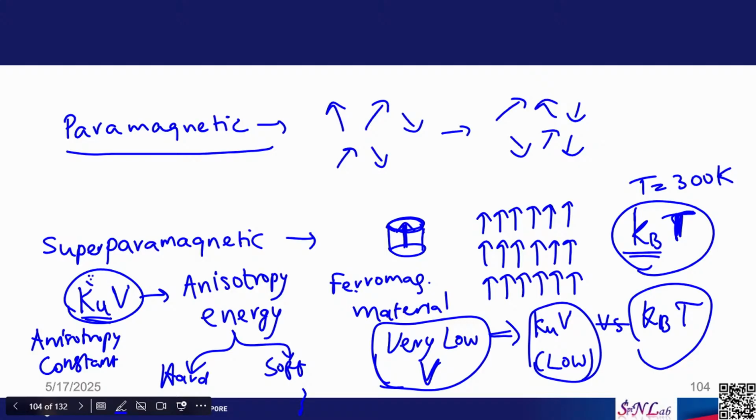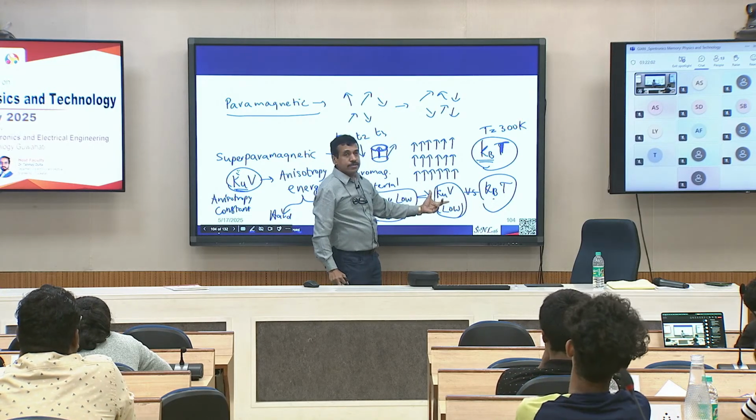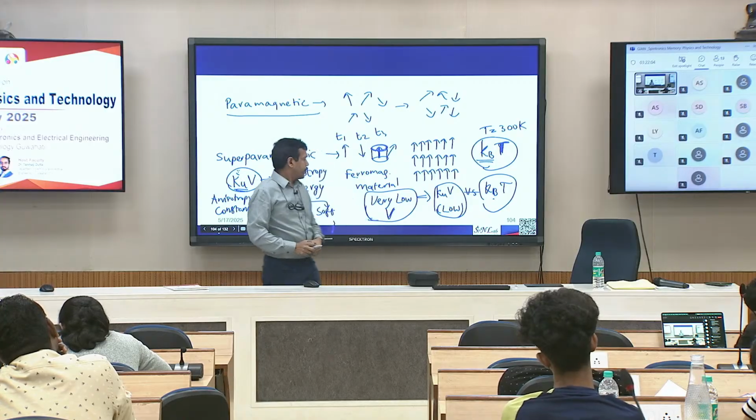So, I observe at time t1 magnetization is like this, at time t2 maybe magnetization is like this, time t3 magnetization is somewhere like this. Okay. So, this magnetization keeps fluctuating as a function of time, because the thermal energy starts competing with this anisotropy energy.